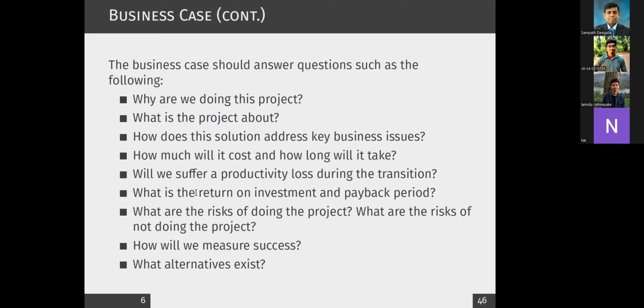Next is how do you measure whether this is a success or not? And finally, what are the other alternatives? There are many other systems. You're proposing to develop an information system, but you can look at whether there are any alternatives. Maybe you don't have to develop it because there might be already available solutions. So you have to focus on those as well.